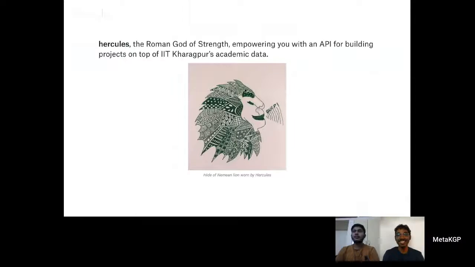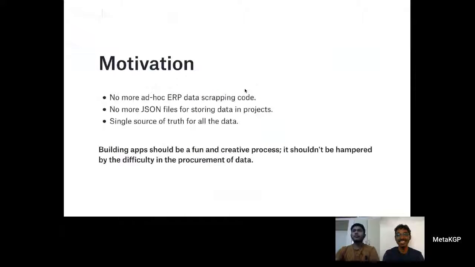The motivation for me was that I found that there was a lot of ad hoc data scraping Python code across many projects of MetaKGP and other personal projects, and a lot of them were storing data into JSONs and then using the JSONs in the code, which was not very clean.